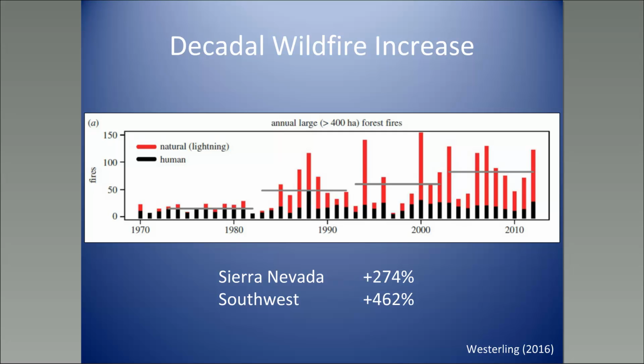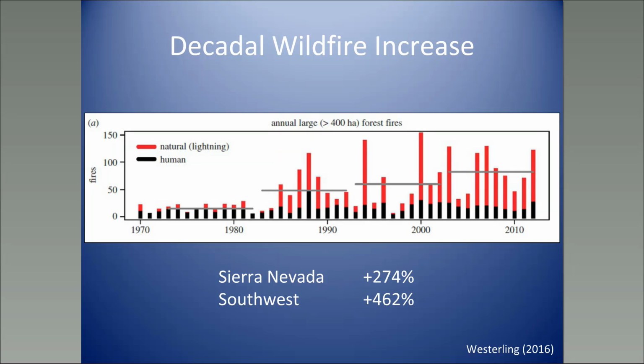Work by my colleague Leroy Westerling has demonstrated a decadal increase in area burned by large wildfires in the western U.S. However, this outcome is not solely driven by a legacy of fire suppression or fire exclusion. The decadal increase in area burned correlates with increasing temperature, which causes earlier spring snowmelt and a longer fire season.